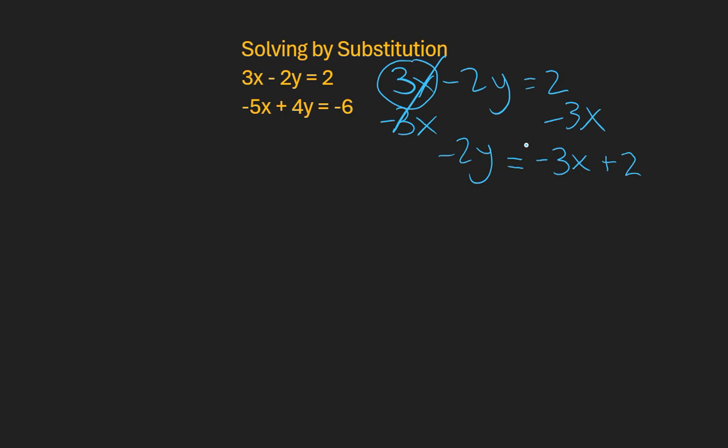I've disciplined myself to always put it in that form. Now, the opposite of multiplying this -2 is dividing by -2. And I am going to divide this -2 to each term.